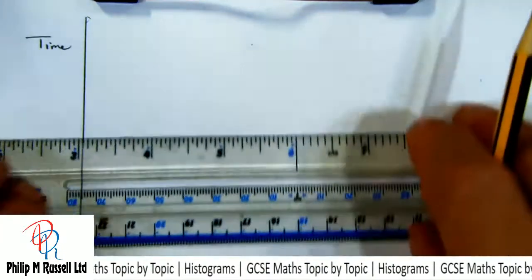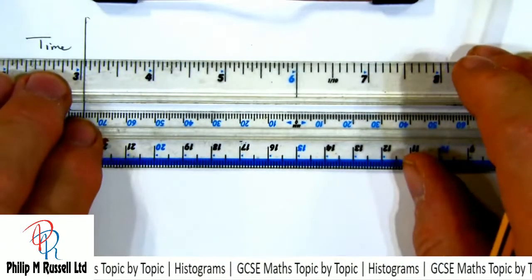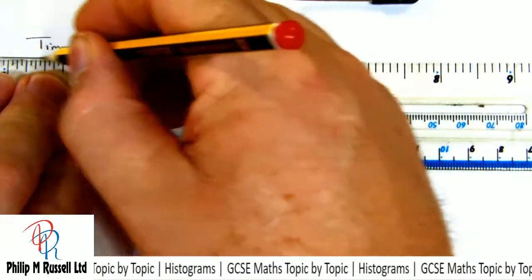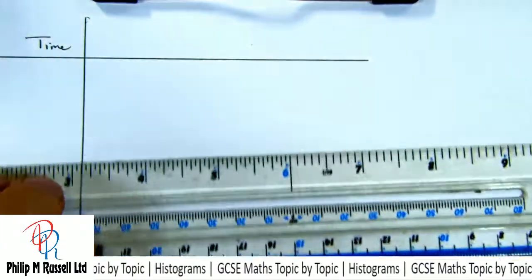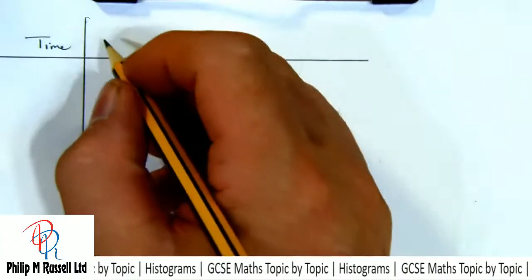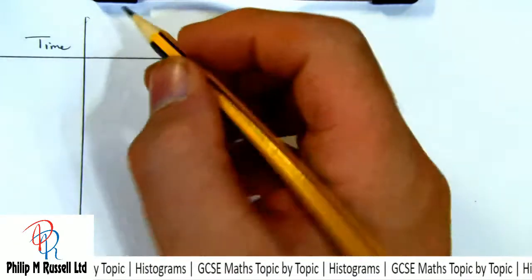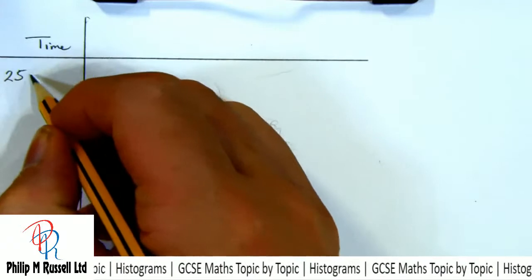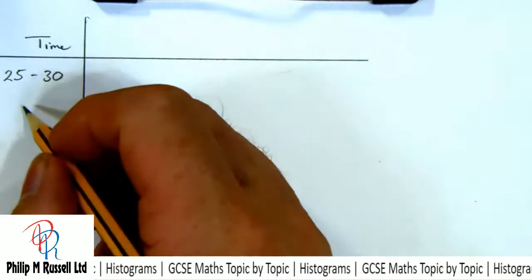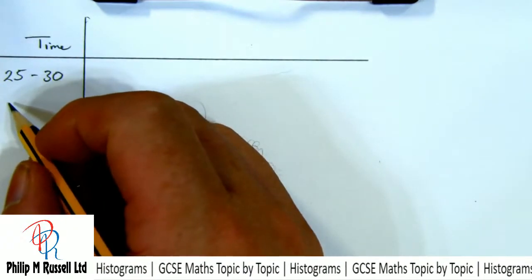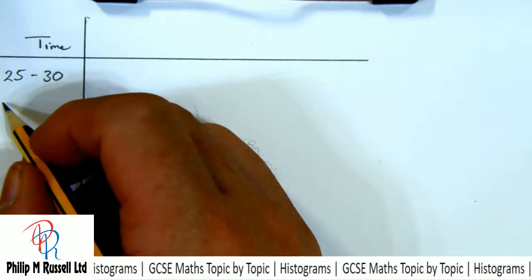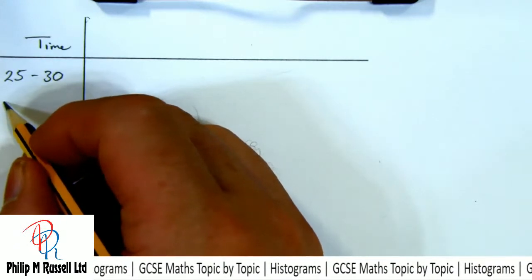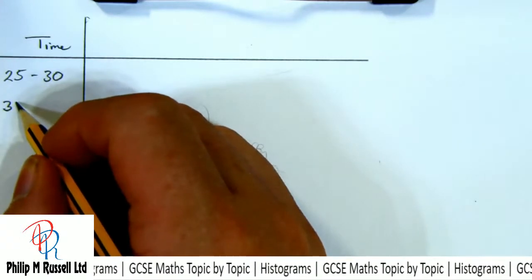Let's draw ourselves a little table of this data, and the first two columns I'm going to put in are time. So this is going to be from, I know they're going to take from 25 minutes to 30 minutes. Then we've got from, let's have 30 minutes.